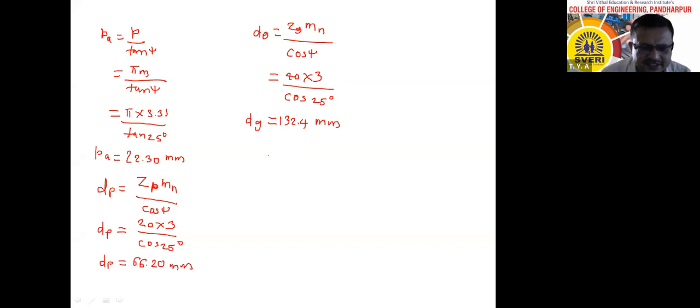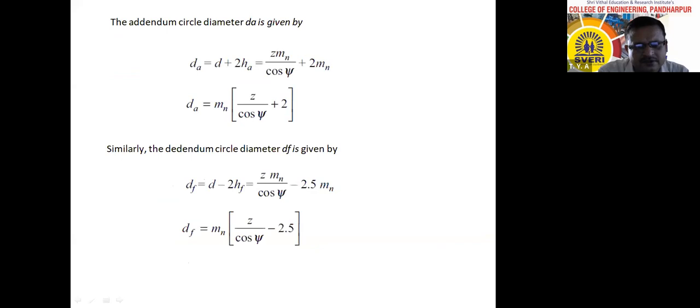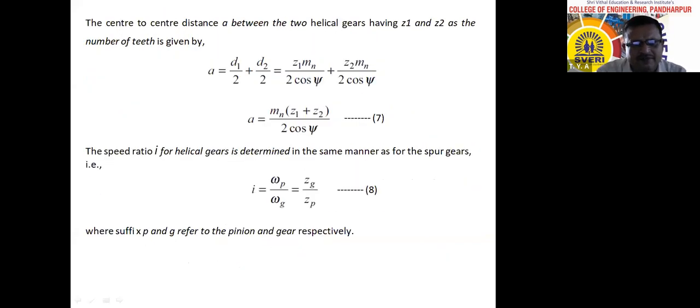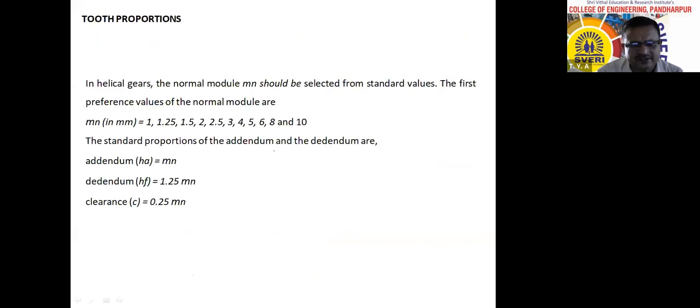सेंटर डिस्टन्स. सेंटर डिस्टन्स काय फॉर्म्युला? A is equal to... हे बघा, Mn Z1 plus Z2. Z1 म्हणजे ZP plus ZG divided by 2 cos psi. Mn into bracket ZP plus ZG divided by 2 cos psi. करा बरं सबस्टिट्यूट.